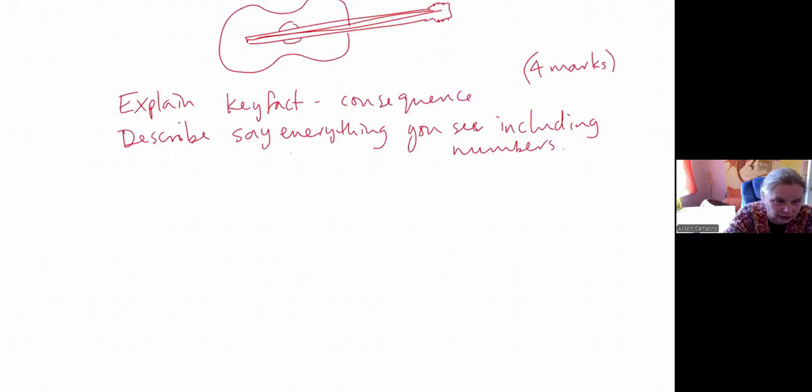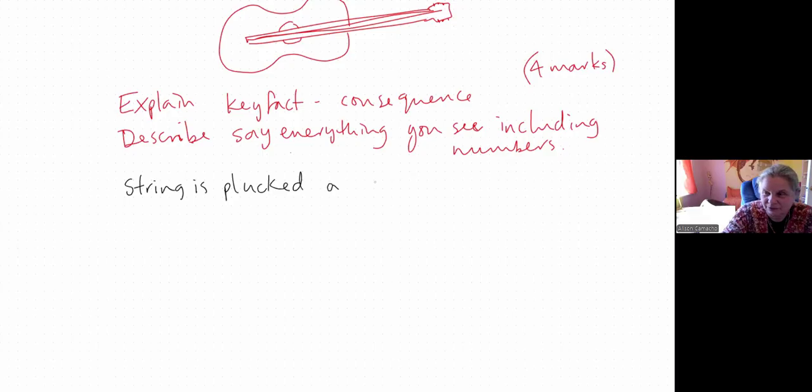So what will we start with? What's the starting thing for the description? What do we start with for a guitar? The string is plucked, isn't it? Right. So the string is plucked. And then what?